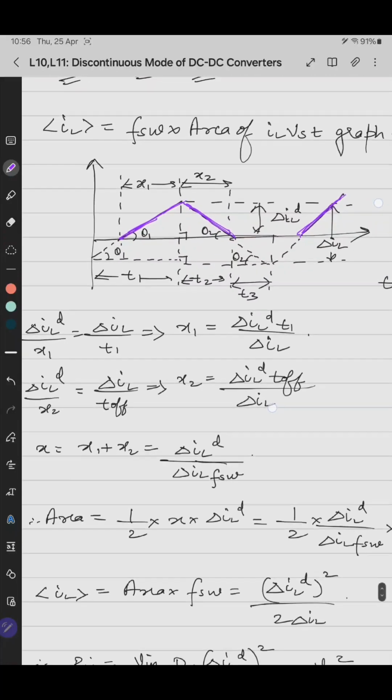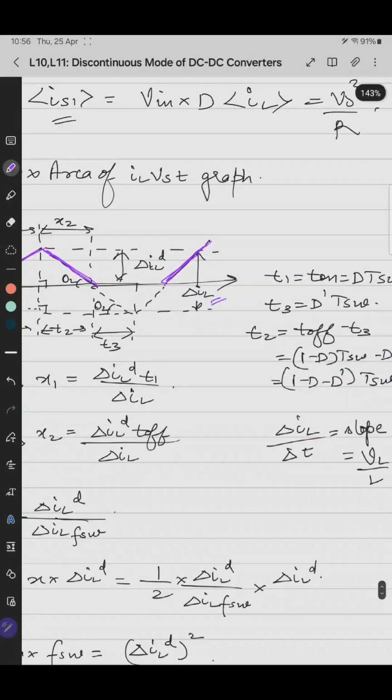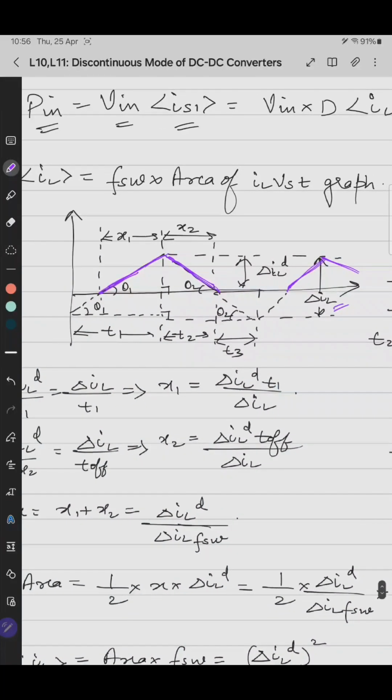Now what happens is this inductor current is having some band. This is delta IL here, which you can see. Till here only, and then it goes like this. So this is the band. So it can go into discontinuous mode, that is below the zero axis. If it goes below the zero axis, it means it is DCM mode.